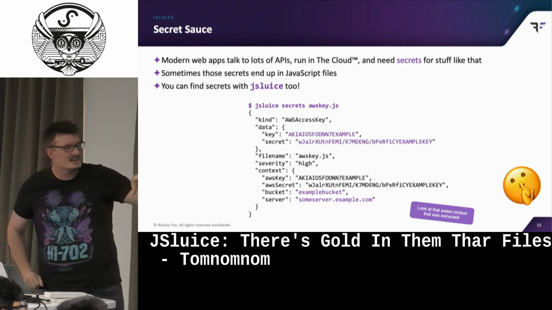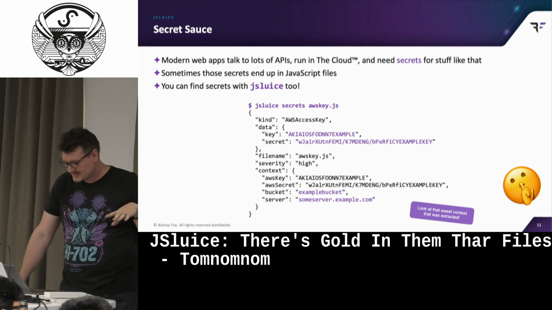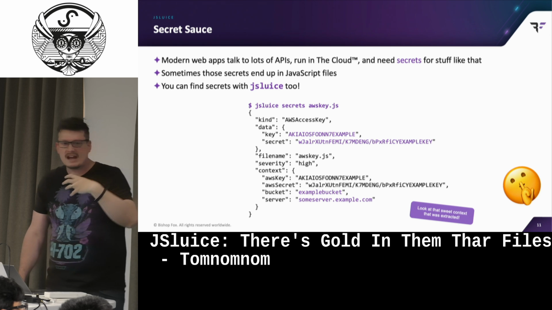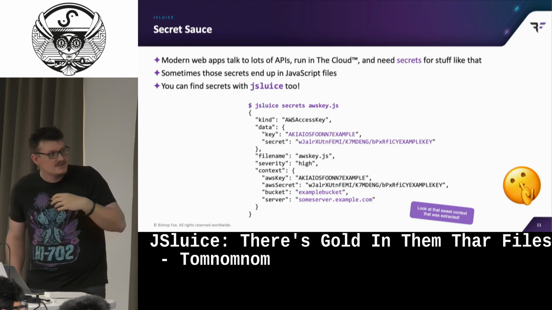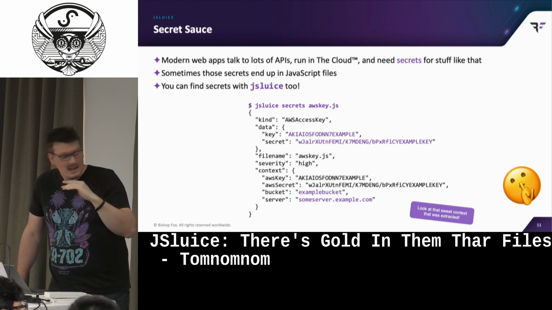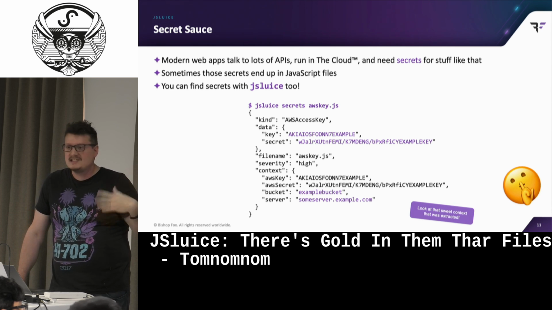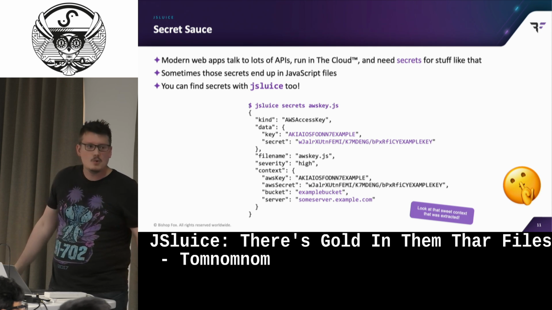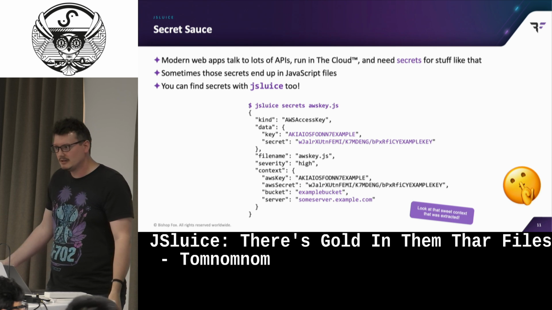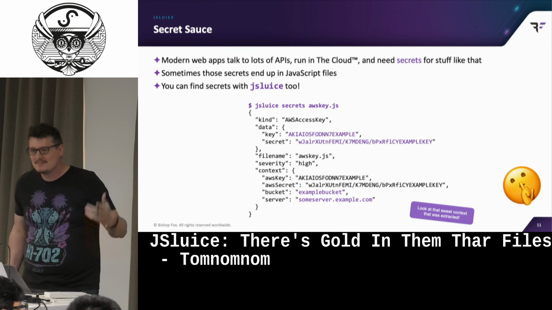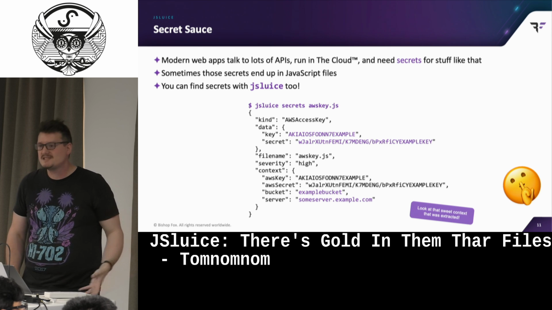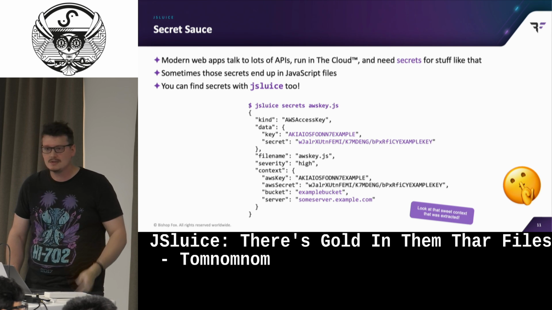You can also see we have a context field in the results as well, with the entire object that those two fields were found in. And to a human tester in particular, that's super useful. AWS key and a secret, I've got those, maybe they work. Okay, what do I have access to? I don't know without the context. There might be an S3 bucket or some server URL or a reference to some resource in that object that's useful.